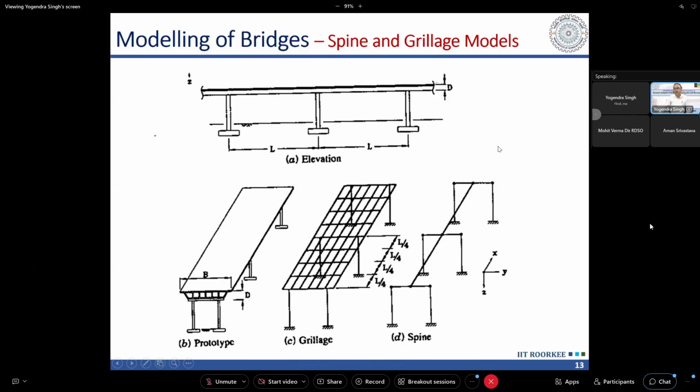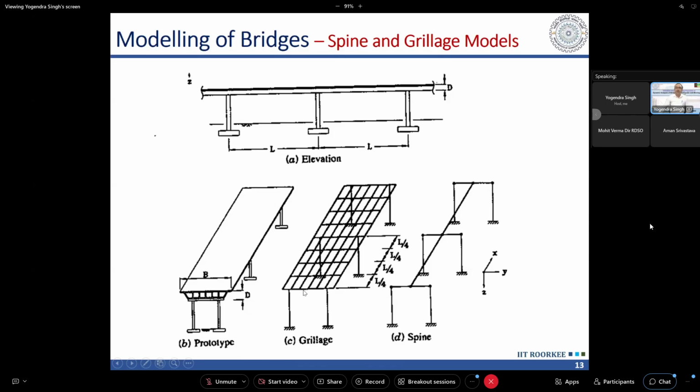In some cases, let us say there is a pre-stressed bridge and we are interested in local distribution of the stresses, we may even require solid element modeling, but generally we don't use solid element modeling because that will result in a very large number of degrees of freedom. Very large number of elements and nodes are required, and that will make the problem very heavy. So when we are generally doing the earthquake analysis, this spine type of model is most commonly used.